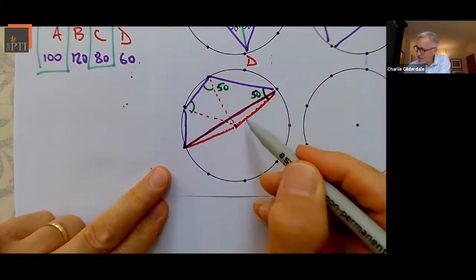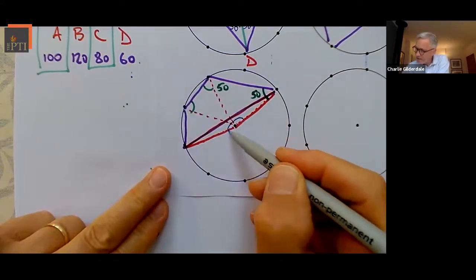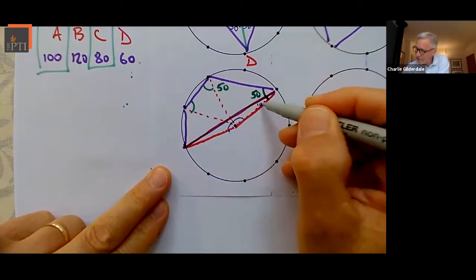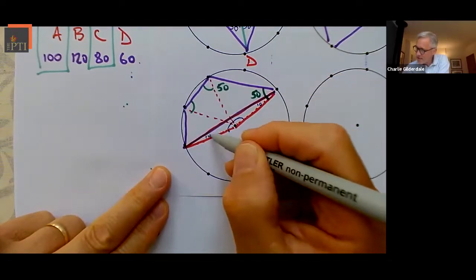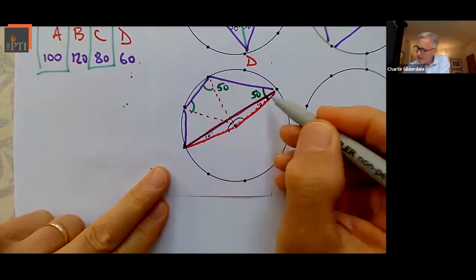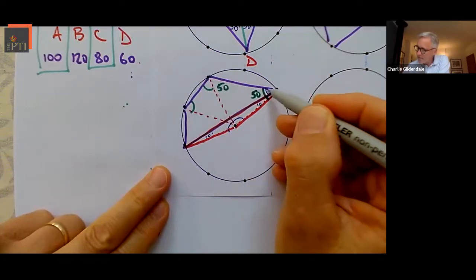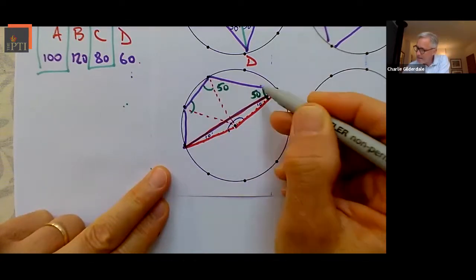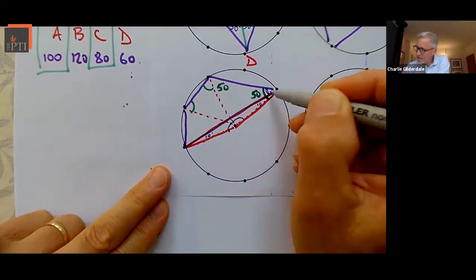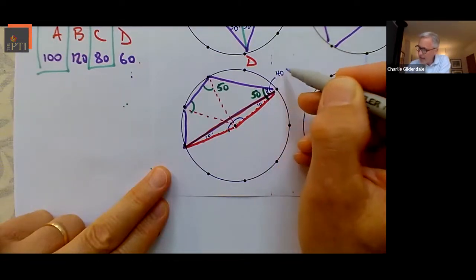So this angle here is 160 degrees. So these little angles here will be 10 degrees each because it's isosceles. And so the angle that I'm interested in here is going to be 50 degrees minus the 10. So that angle there is going to be 40 degrees.